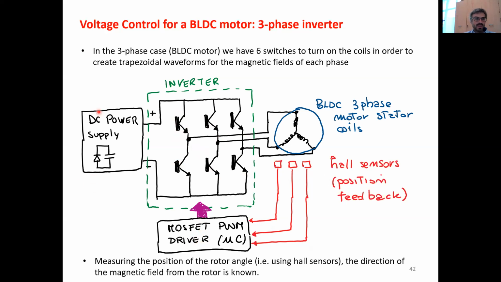It's called a DC motor, BLDC motor, because here we have a DC voltage. So if you have a 380 AC supply, we need to put it through a rectifier bridge that from the AC will produce the DC voltage.